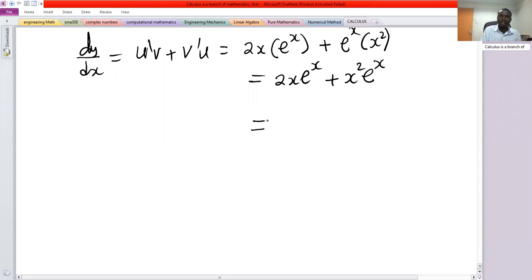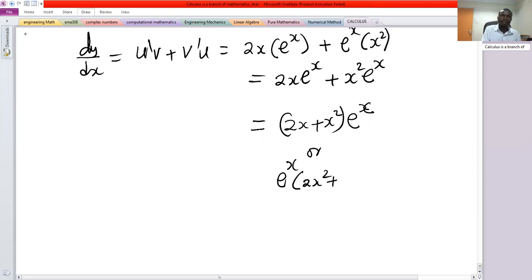Or you can factorize out e raised to power x times 2x plus x squared.